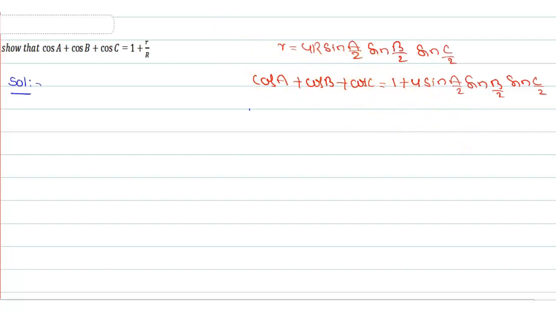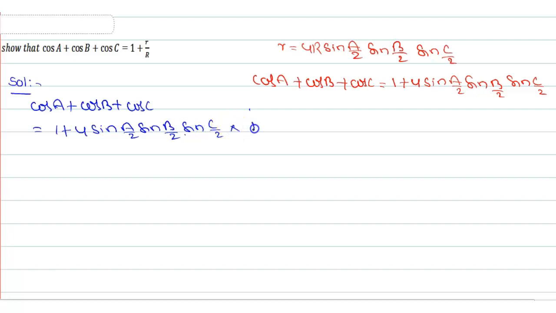Right. So here I am taking cos A plus cos B plus cos C is equal to, directly I am writing here, 1 plus 4 sin A by 2 sin B by 2 sin C by 2.